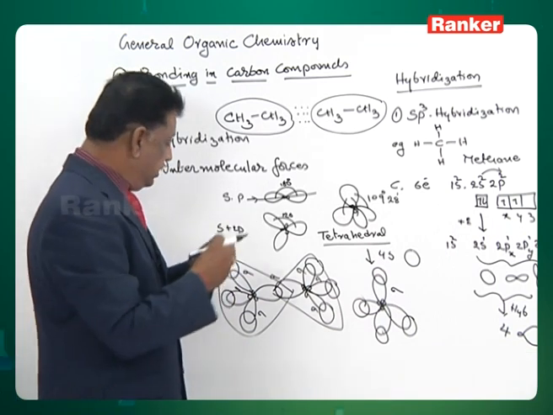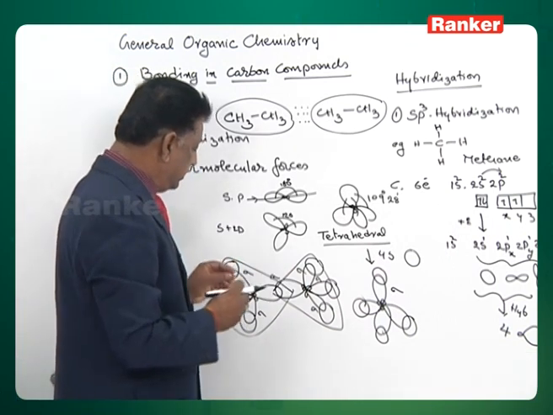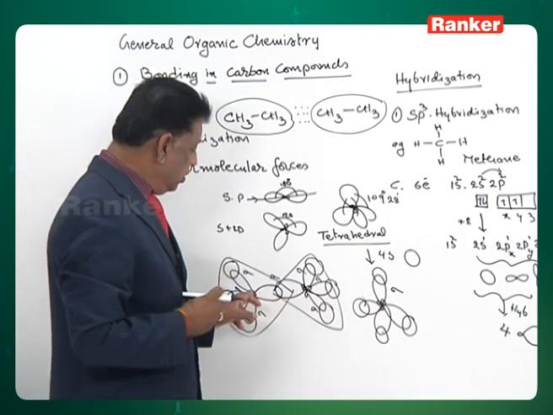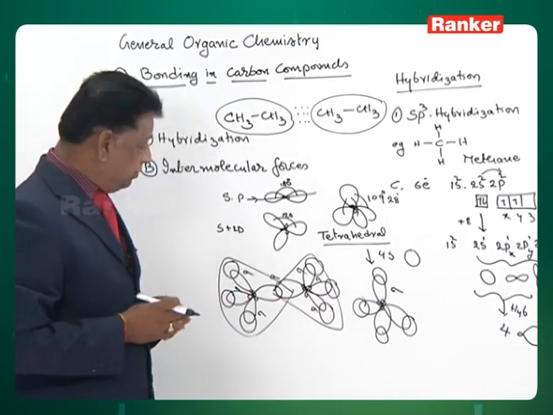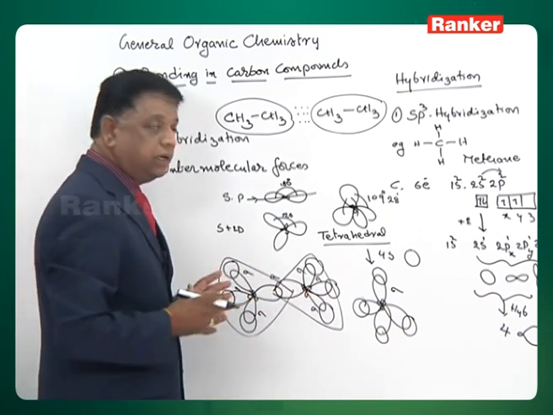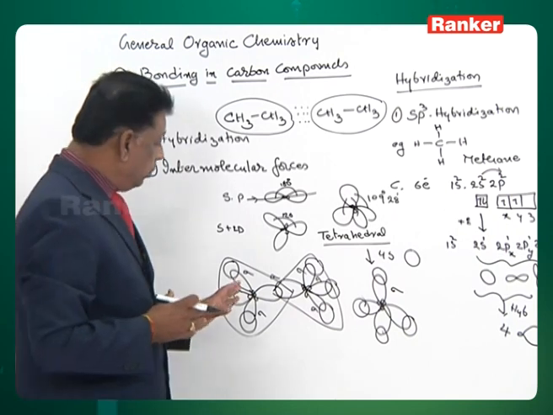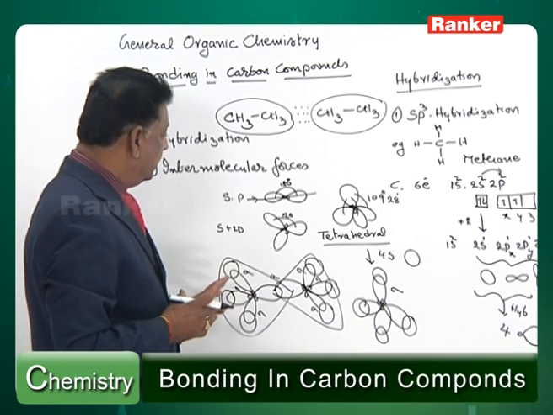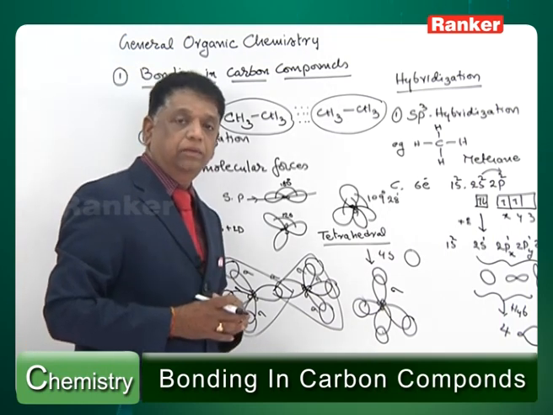There are two individual tetrahedrons, one encroaching into the other one because the bond overlapping results in a bond formation. So they are not totally separated, they are encroached one into the other one. That is exactly the symmetry of the ethane molecule.